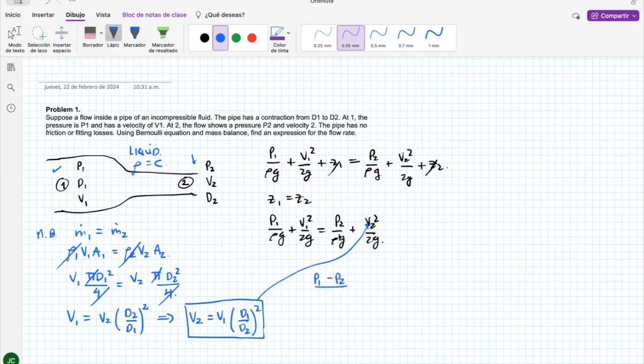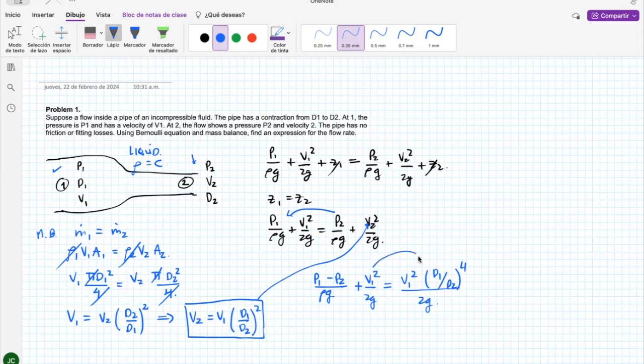So let's keep on working. I'm going to try to put the pressure to my left, so it's going to be rho g, and this is going to be equal to, okay, not yet. Instead of that, I'm going to put this plus V1 squared over 2g equals V2 squared, but instead of V2, I'm going to put V1 squared times D1 divided by D2 to the fourth, because it's the square of the diameters squared, and everything is divided by 2g.